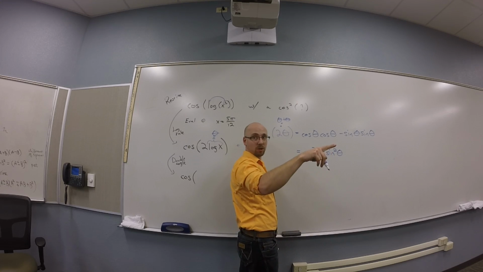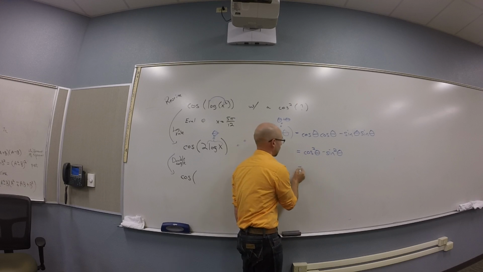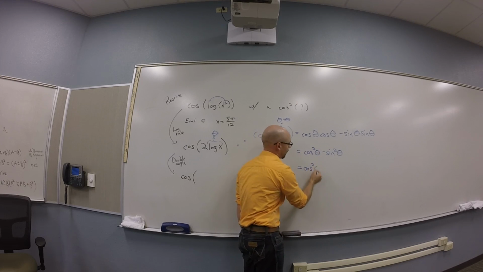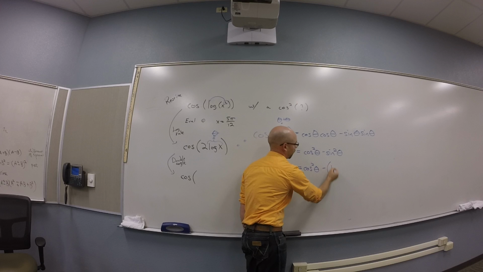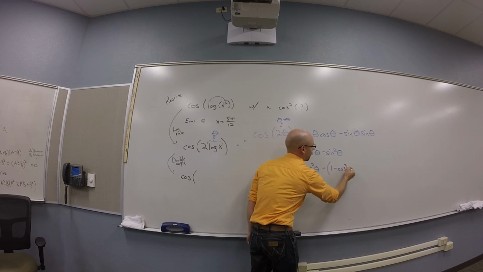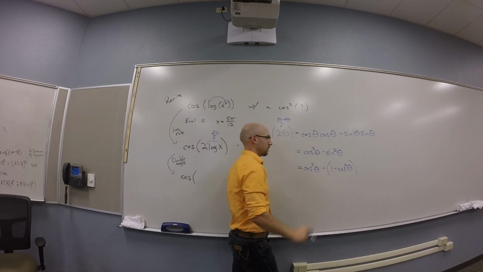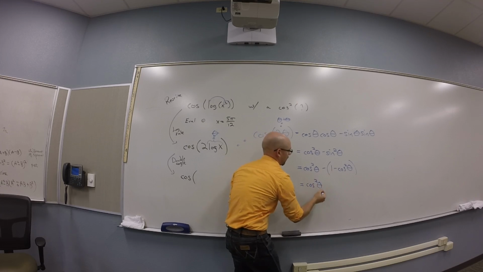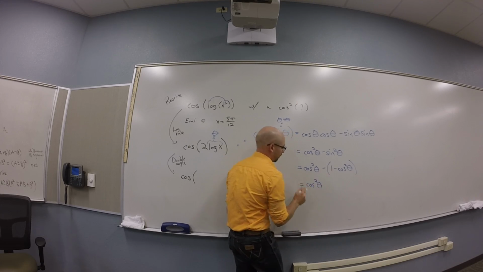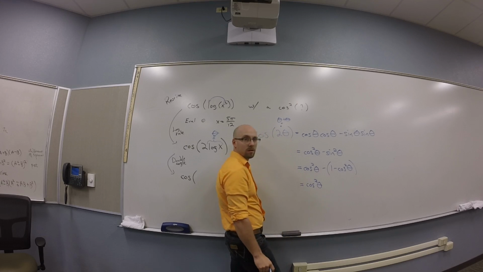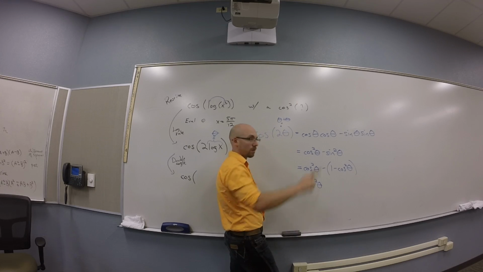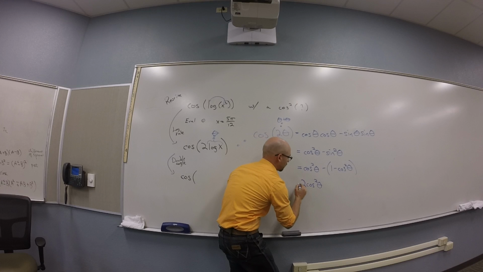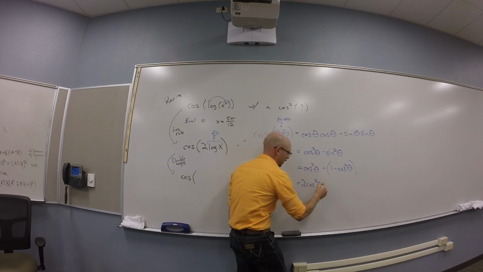It's 1 minus cosine squared, from the Pythagorean identity. So this is cosine squared of theta minus 1 minus cosine squared of theta. So I think that gets me cosine squared of theta. Wait, what? 2 cosine squared theta. Good, 2 cosine squared of theta minus 1.